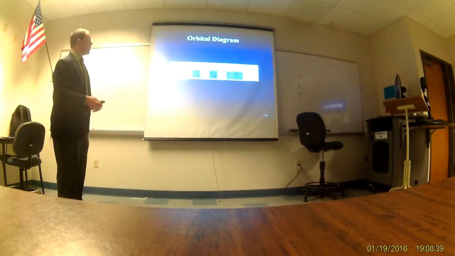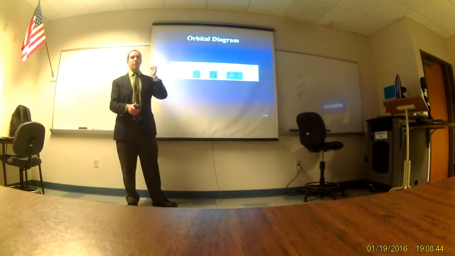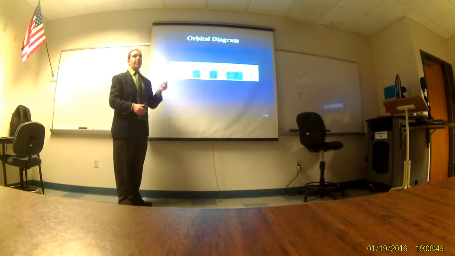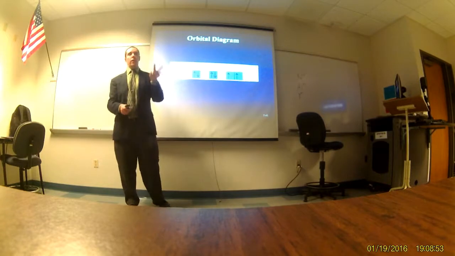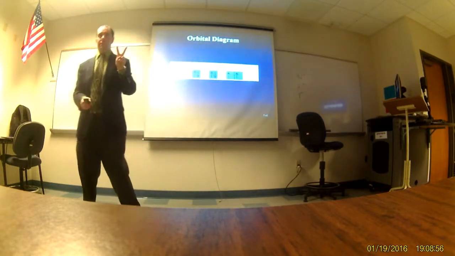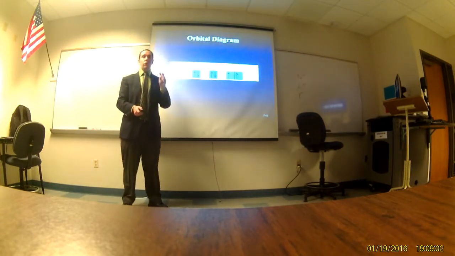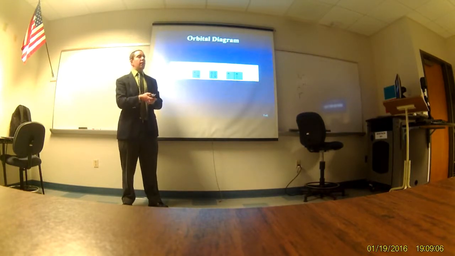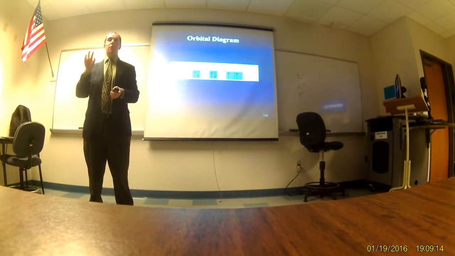So what we're going to do is represent electrons with arrows and orbitals with boxes. Every box holds 2 arrows, that's 2 electrons. So, how many electrons go in an s orbital? 2. So an s gets 1 box. How many electrons did we say go in a p? 6. So how many pairs are in 6? 3.